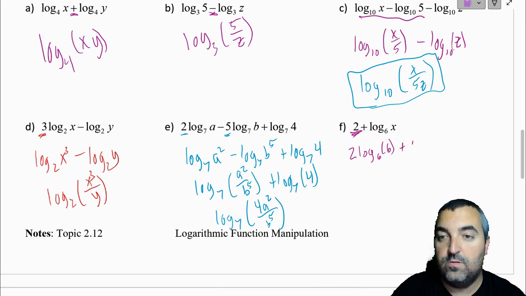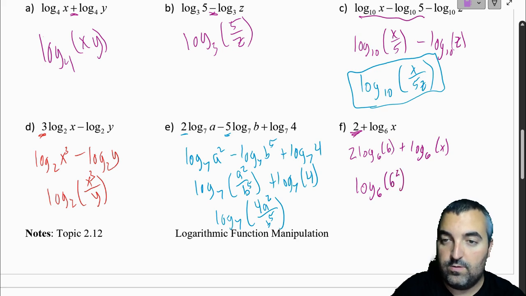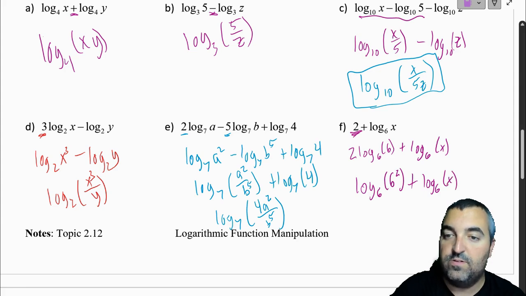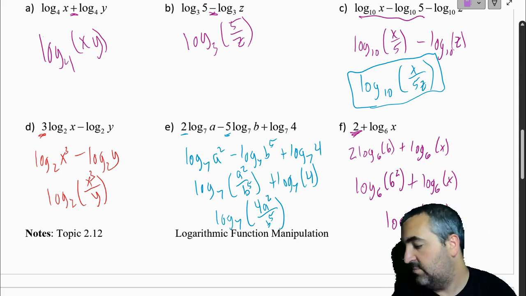So now that's how we get a log attached to this 2, and then we can use the power property. So log base 6 of 6 squared plus log base 6 of x. Well, that'll simplify now because we have addition. Log base 6 of 6 squared, which, hey, guess what? I can write that as 36 times x.